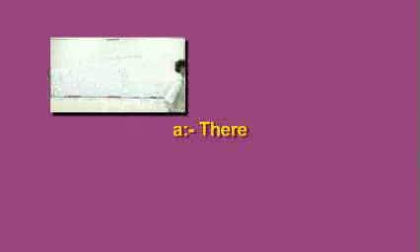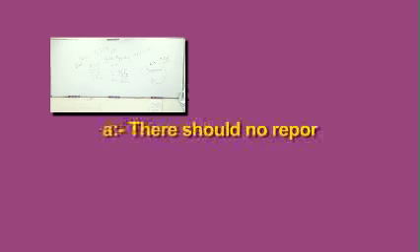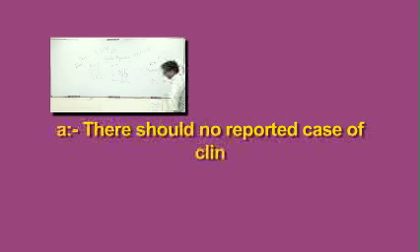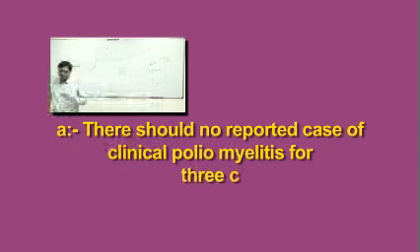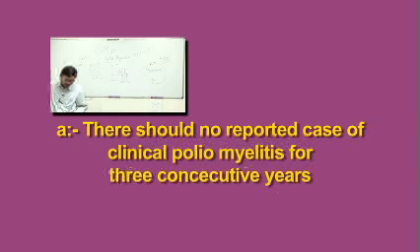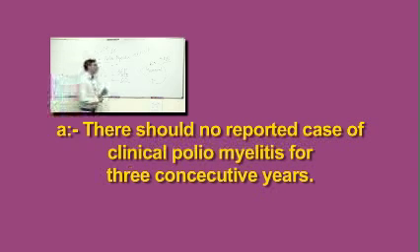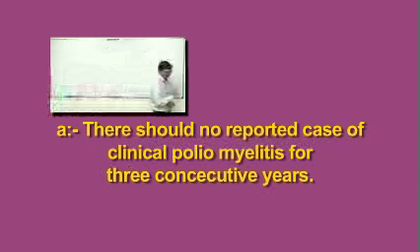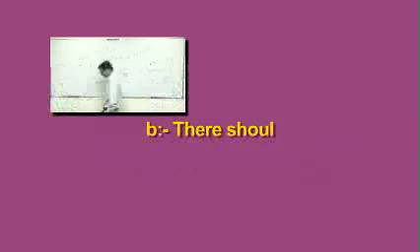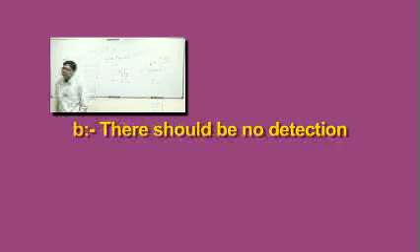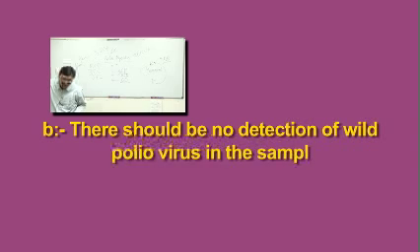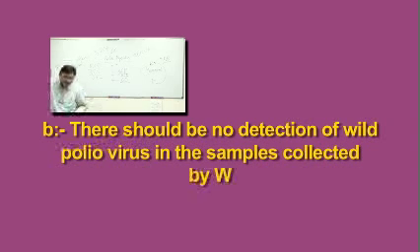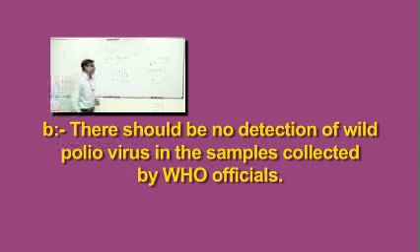First, there should be no reported case of clinical poliomyelitis for 3 consecutive years. Second, there should be no detection of wild polio virus in the samples collected by WHO officials.